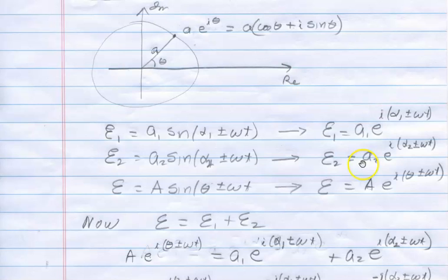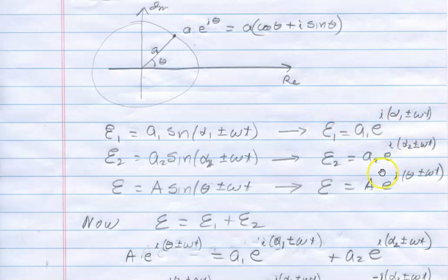E2 in this complex form, and then the resultant, which is what I ultimately want from adding these. I want the resultant to have amplitude A, which is really what I'm after, and whatever this angle theta is. So I'm really after, again, the resultant amplitude and the resultant angle of these phasors.